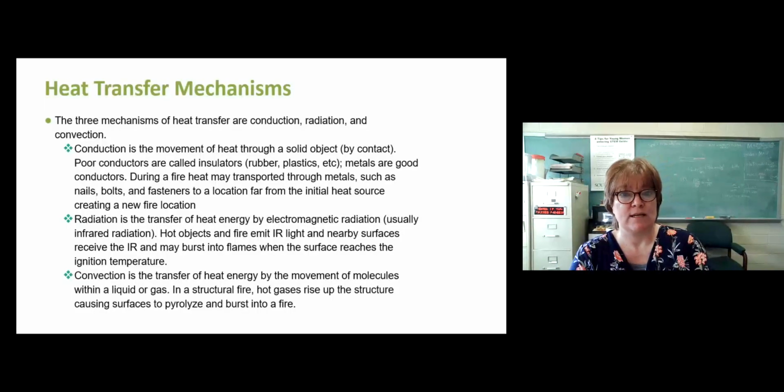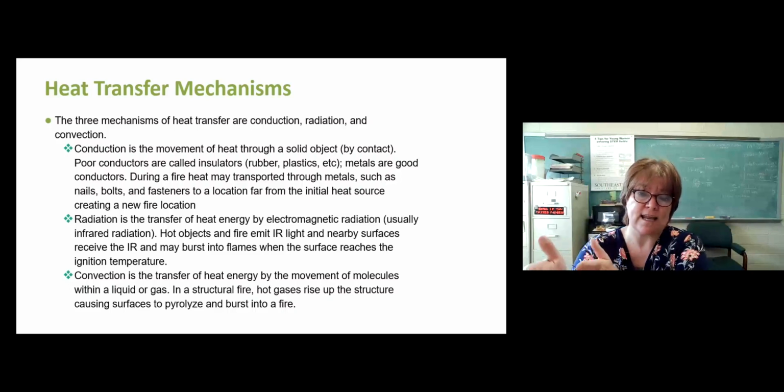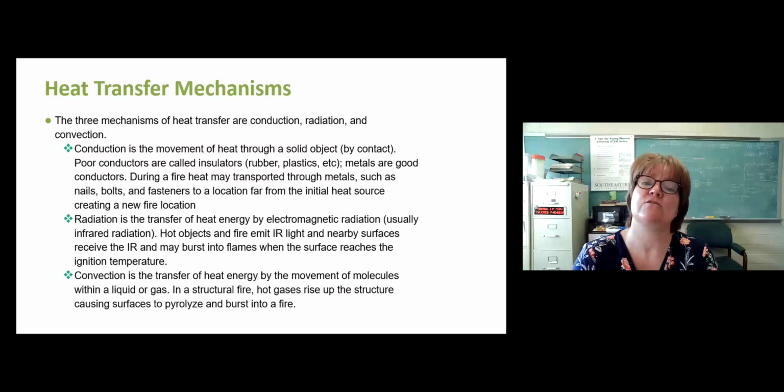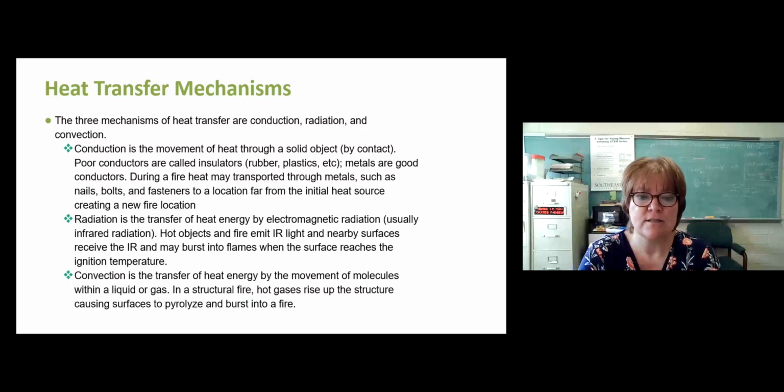We have three different ways that the heat can transfer. And this becomes important. One, I need heat to transfer to the reaction to initially start it going, that activation energy. Also, once I create this, it's going to give off heat energy. So how is that heat going to move around to other objects and maybe start other fires? We have conduction, and conduction is the movement of heat through a solid object.